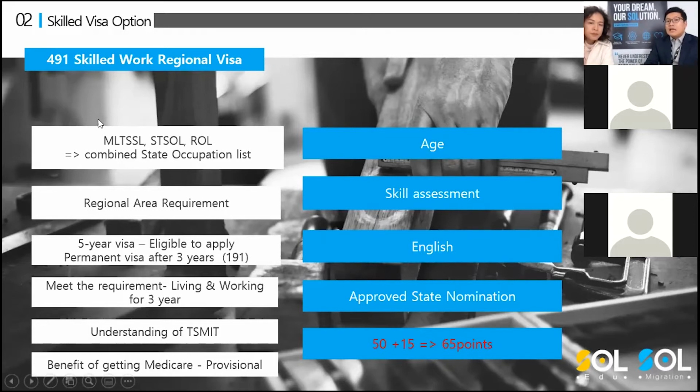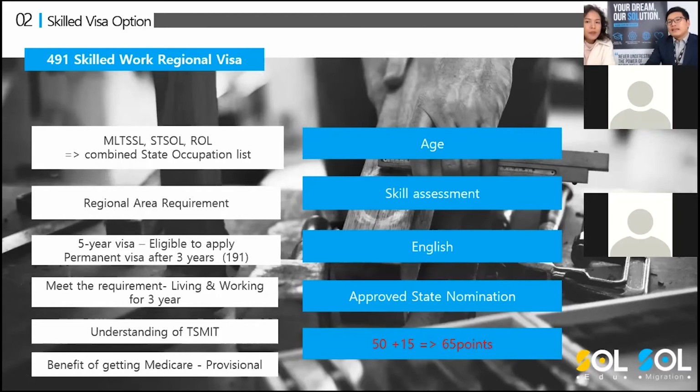This visa is not a permanent visa, but it has a lot of benefits. Even though you are not on a permanent visa, you are still entitled to Medicare benefits while holding this visa. This visa operates based on state nomination, so your nominated occupation doesn't necessarily need to be under the MLTSSL, STSOL or ROL. But you should check your state occupation list on their website.